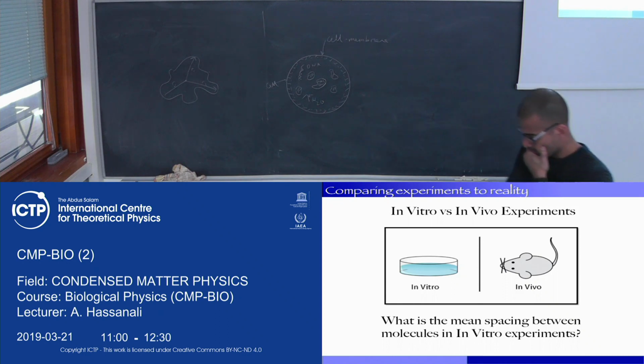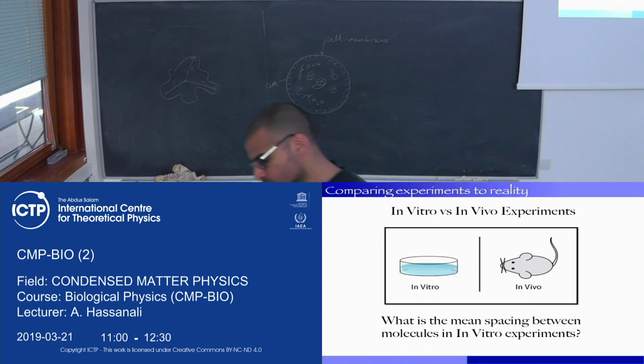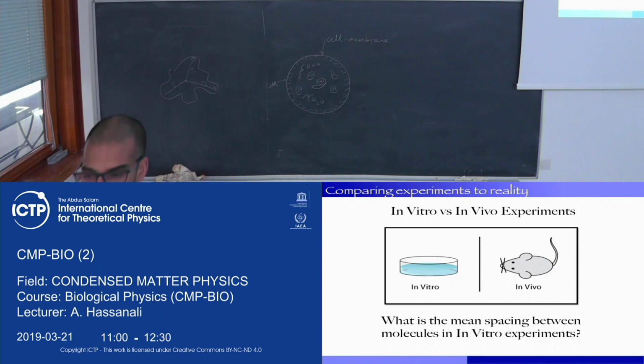Okay, so now we're building a picture of the number of entities in the cell, the number of particles that we have to think about. Of course, these things are not static. They're dynamically evolving things because of fluctuations. Okay, so the next thing we need to do now is to build our intuition on the relevant time scales in biological processes.